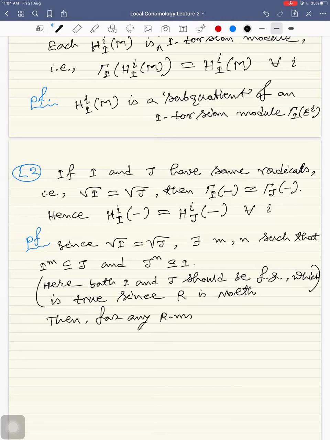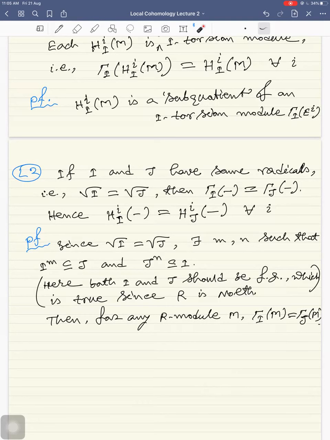Next, using this, we will prove that for any R-module M, gamma I of M is the same as gamma J of M. How to prove this? You just pick one element from here. That means that element is annihilated by some power of I, right? But since you have this containment relation, you can prove that the element will be annihilated by some power of J as well.